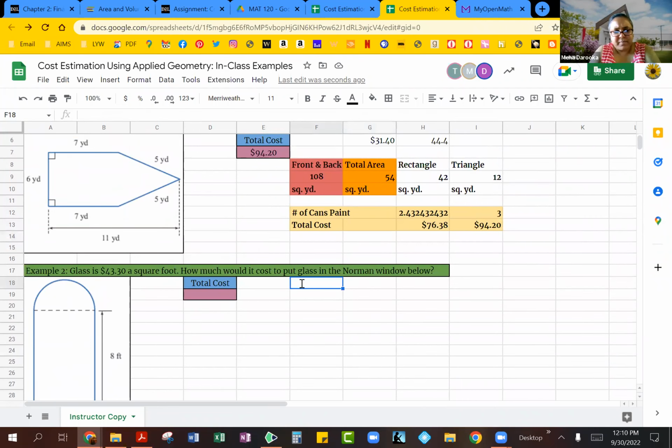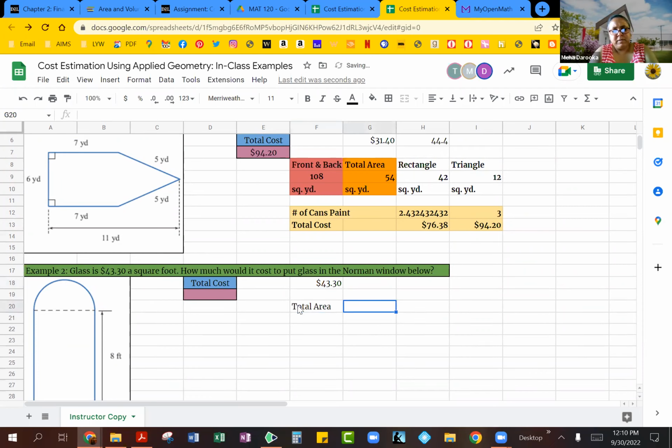And I'm going to actually go ahead and put these numbers here again. All right, let me see what you guys have. Very nice, a rectangle and a semicircle. Very good.